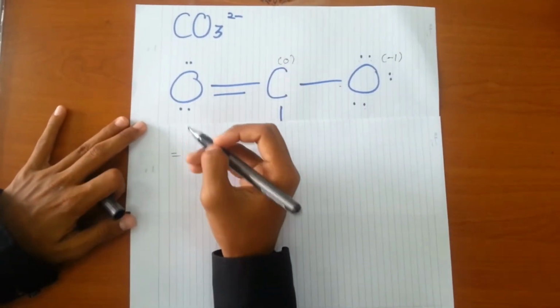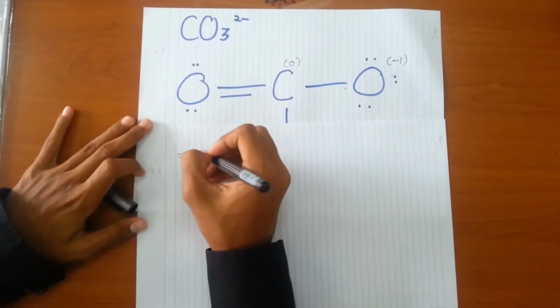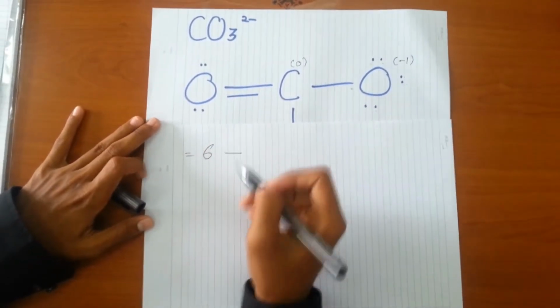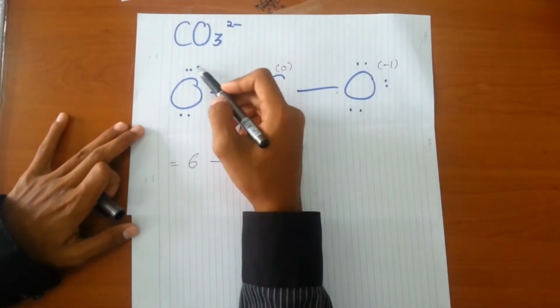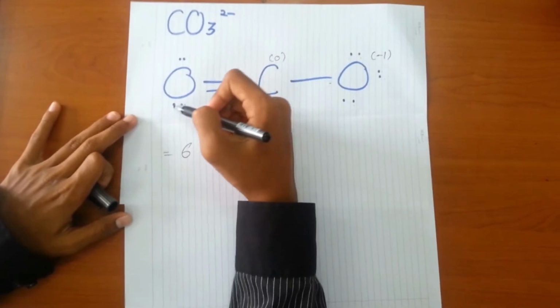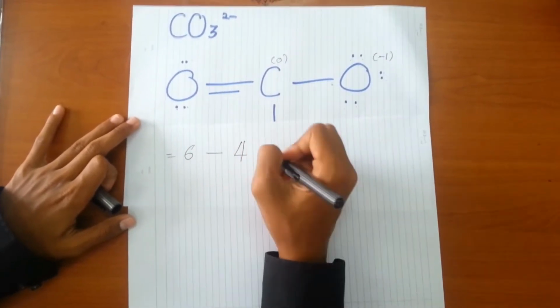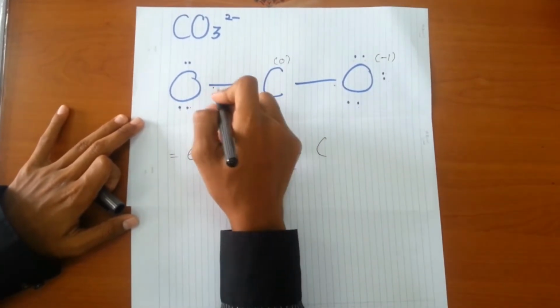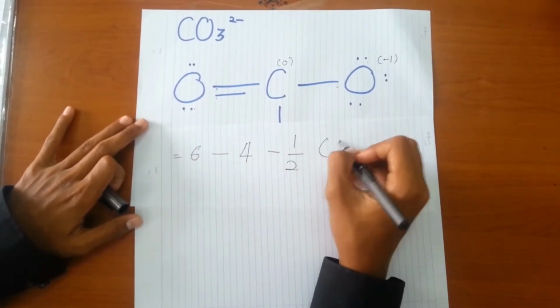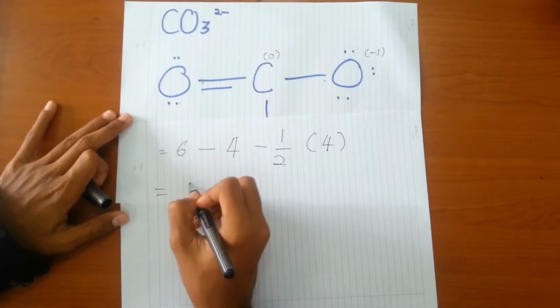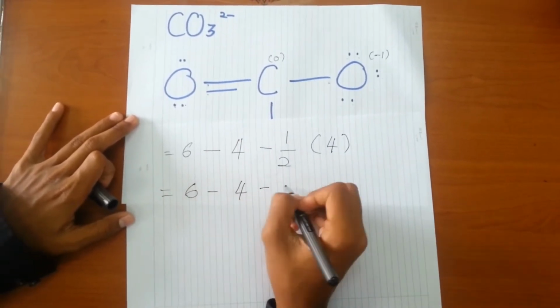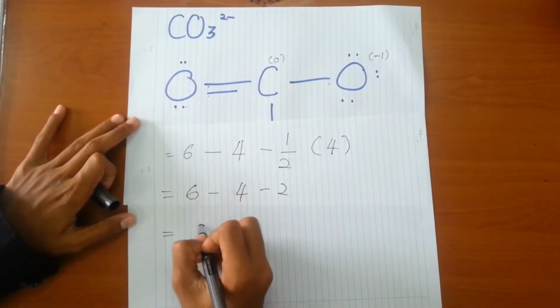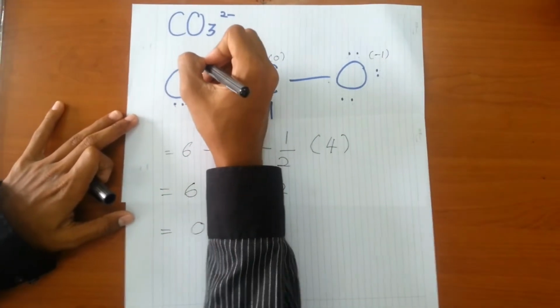So the number of valence electron of oxygen atom is 6 minus number of non-bonding electron 1, 2, 3, 4. 6 minus 4 minus half of bonding electron 1, 2. 2 times 2 is 4. So 6 minus 4 minus 2 equal to 0. So the formal charge here is 0.